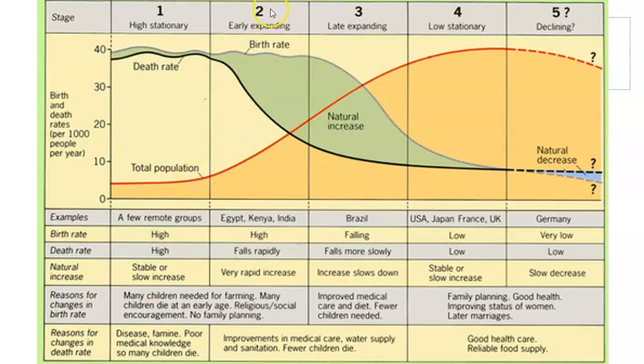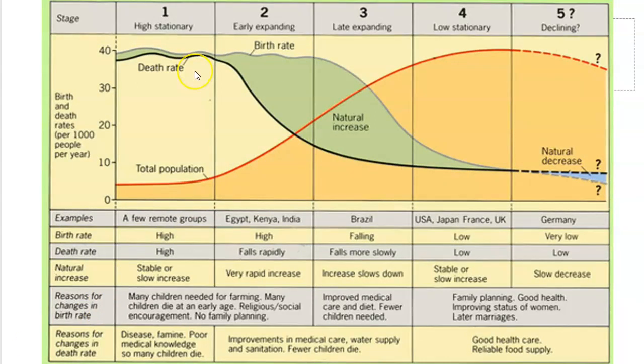Now, when we look at stage 2, we see that industrialization is playing a big part in this major expansion of the natural increase rate because there is now a very high birth rate and a rapidly decreasing death rate. And so those two things together are going to cause the population to increase rapidly.